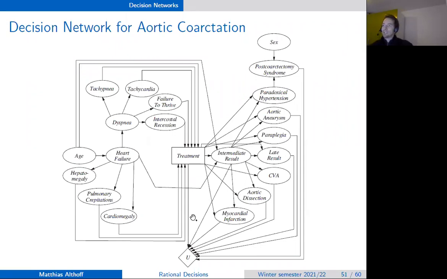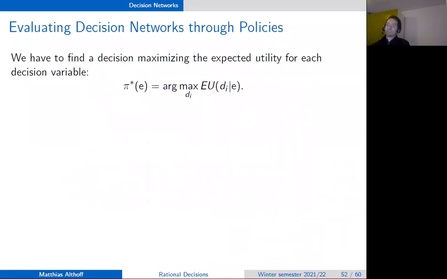Okay, so now we follow a little bit of a different idea, which I'm going to explain now step by step. So in the end, what we have to do is find a decision that maximizes the expected utility. So basically, we have some evidence, and the expected utility depends then on the decision and the evidence that we have.